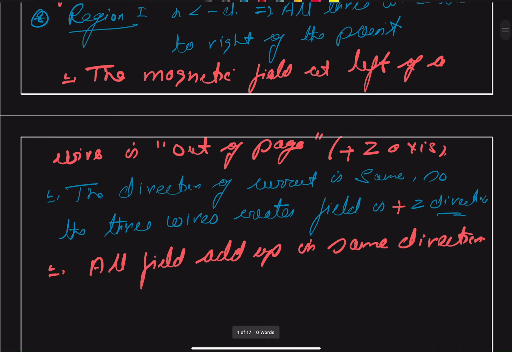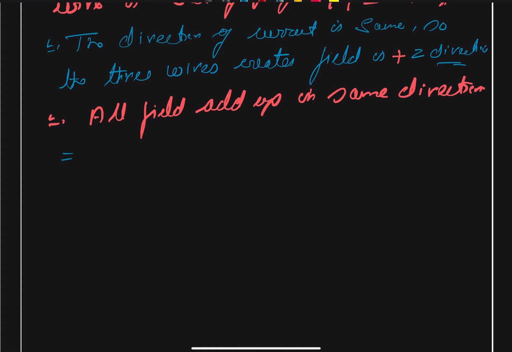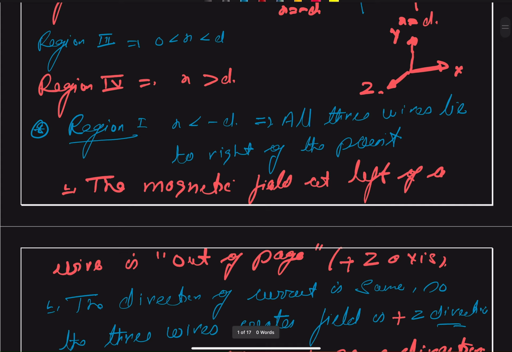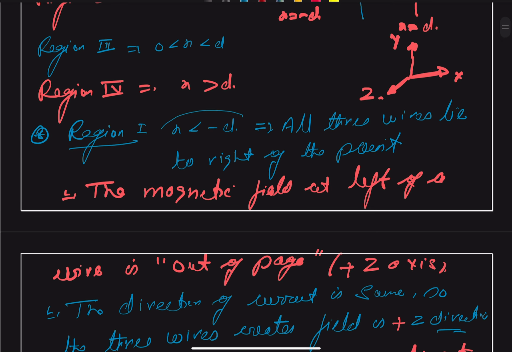So all the fields add up in the same direction, and therefore we can say no field in the region is x less than minus d. That's why it's plus z, my mistake.